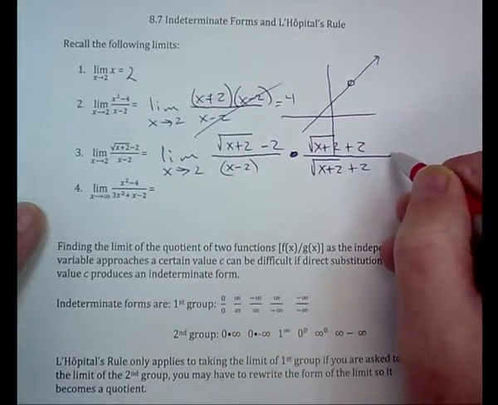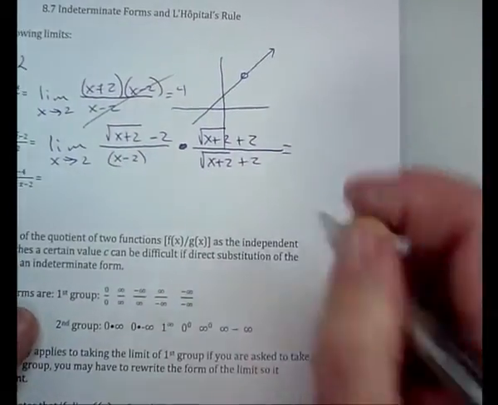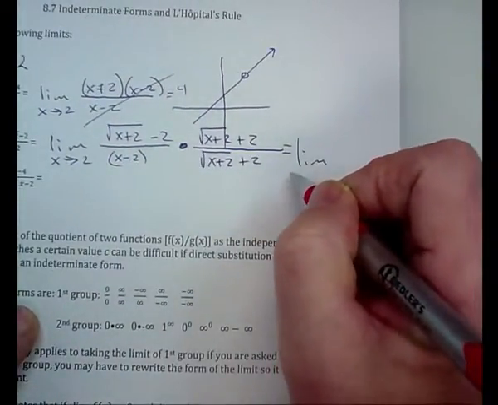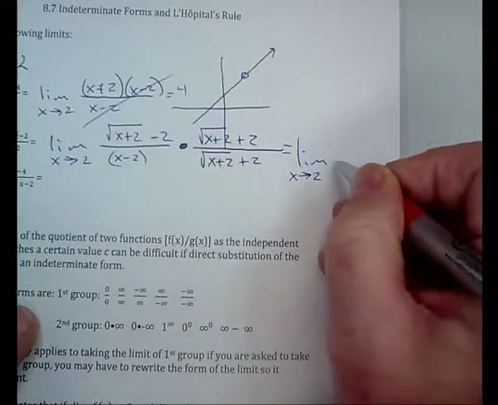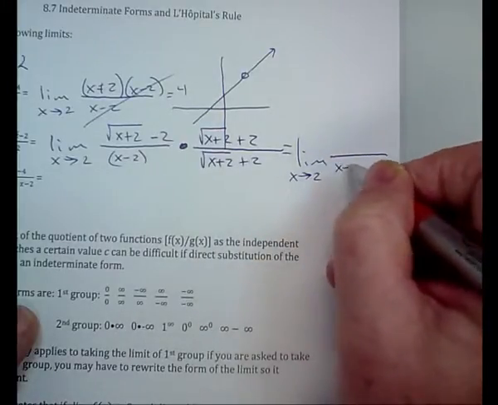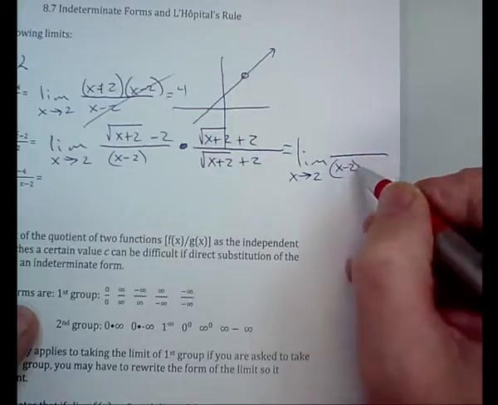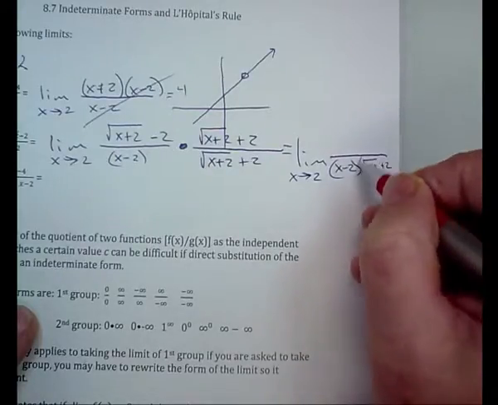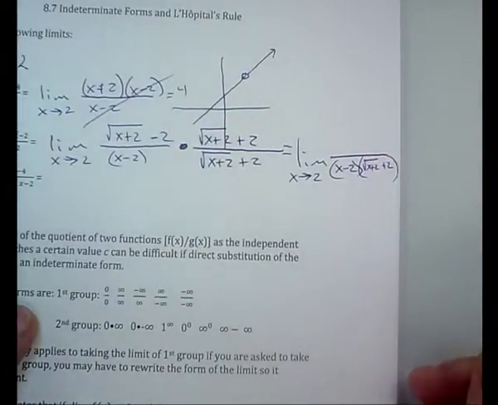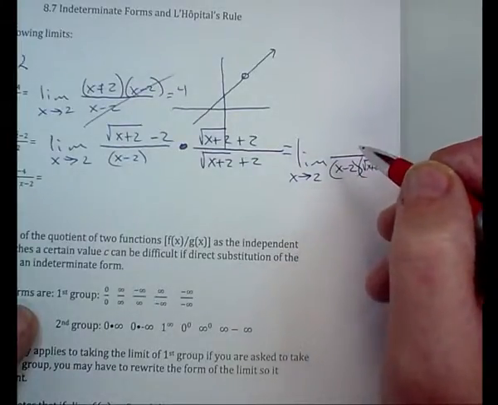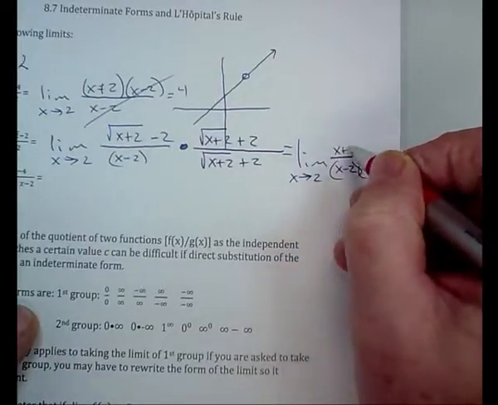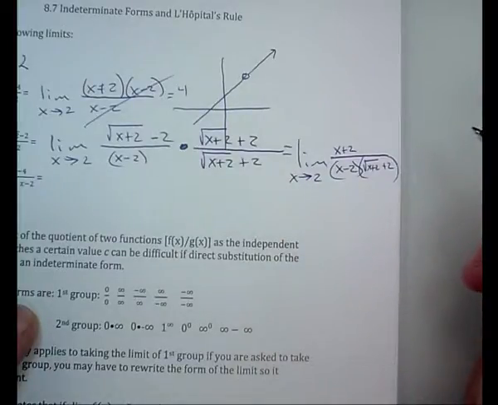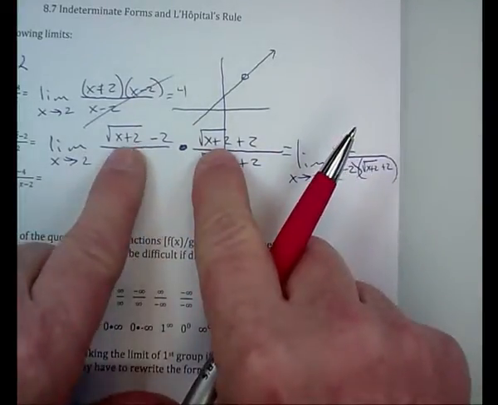And I will do the bottom. Is that okay? What do you get on top? x plus 2. For that product? Yeah. Okay.